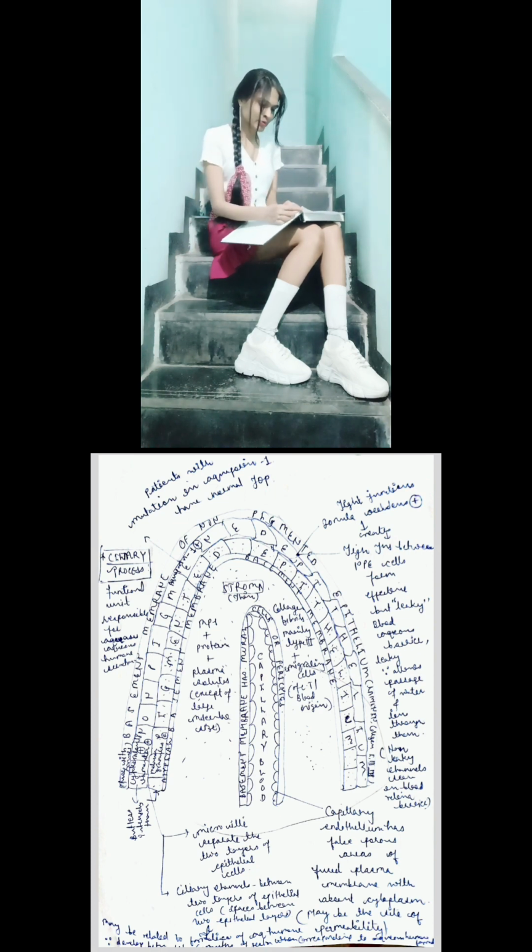Now this ciliary process is the functional unit that is responsible for the aqueous humor secretion. This non-pigmented epithelium also has aquaporin 1 channels, but their function is not yet clear because patients with mutations in aquaporin 1 have normal IOP.